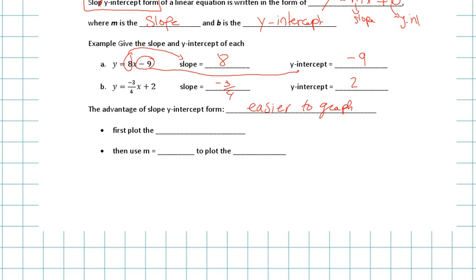Why is that? Then I'm gonna use the slope, right? And then to plot the next point.